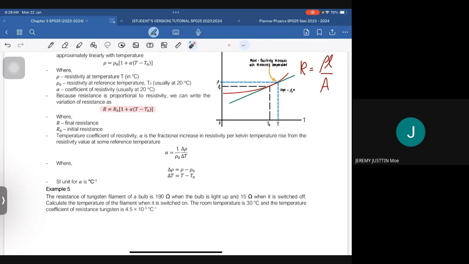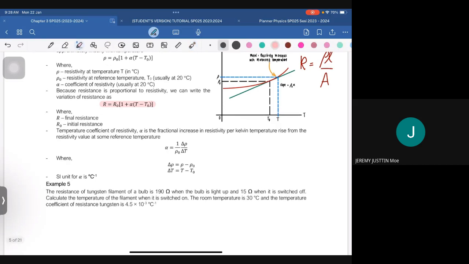Okay, lepas tu kita ada definition untuk temperature coefficient of resistivity, which is alpha lah. Okay, last time dalam UPS dia ada pernah tanya apa definition untuk coefficient resistivity ni. Okay, so kamu kena pilih lah mana satu yang betul. Right, so make sure kamu ingat yang itu.